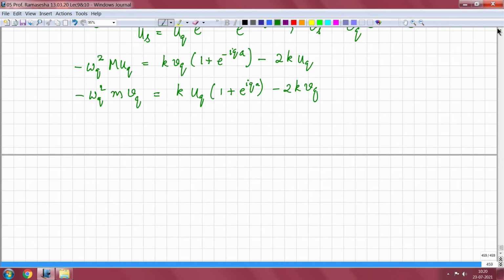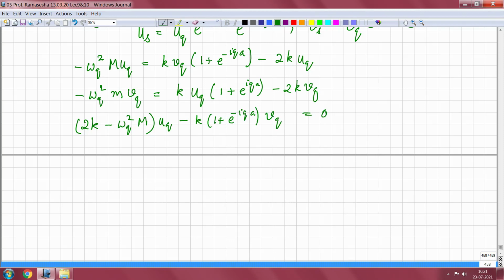Now I can write it in the following way: 2k minus omega q squared m times uq minus k times 1 plus e to the minus iqa times vq is equal to 0.